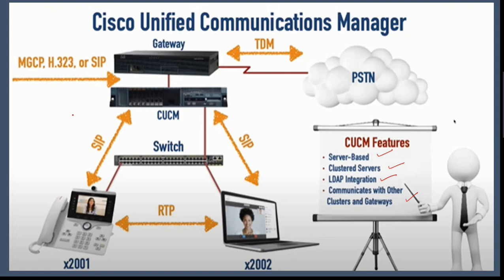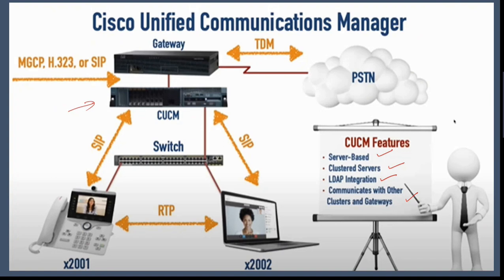Here we can see an example of CUCM. Let's suppose we have a CUCM server here, and a switch connecting different endpoints. When communication between these endpoints needs to happen, the request from the initiator, the calling party, goes to the CUCM.